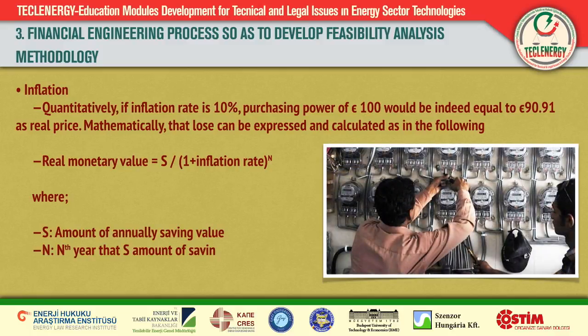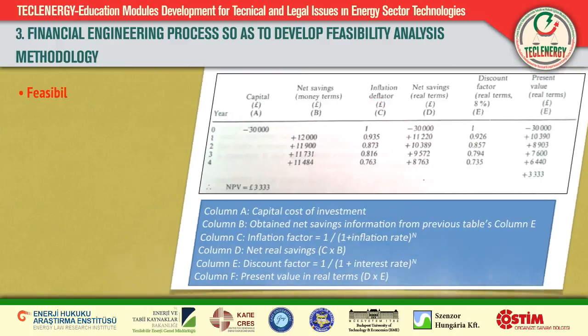The decision mechanism is modeled on basis of finding the exact discount factor of which yearly net return, which is subtraction of capital costs from total net annual savings, becomes zero for such an amount of time. Generally, the rate of decrease in value of money by the time is defined as inflation. Quantitatively, if inflation rate is 10%, purchasing power of £100 would be indeed equal to £90.91 as real price.